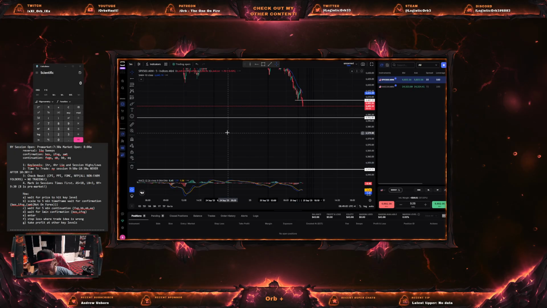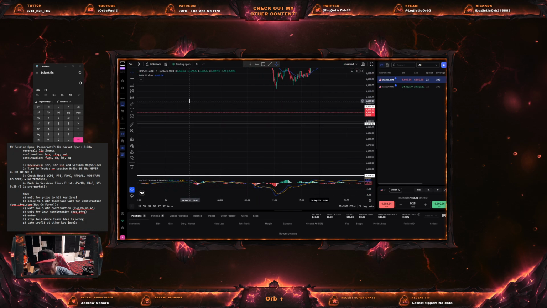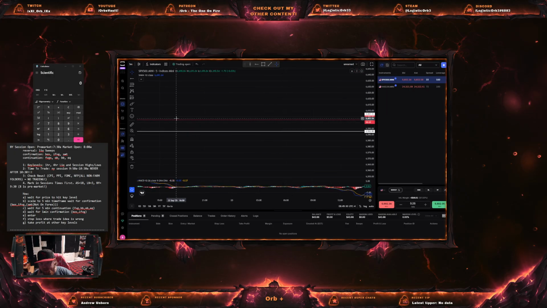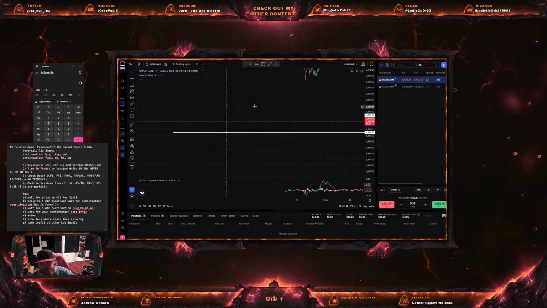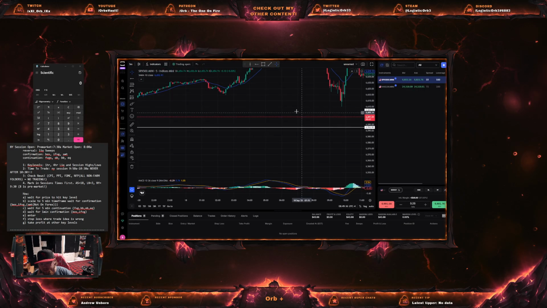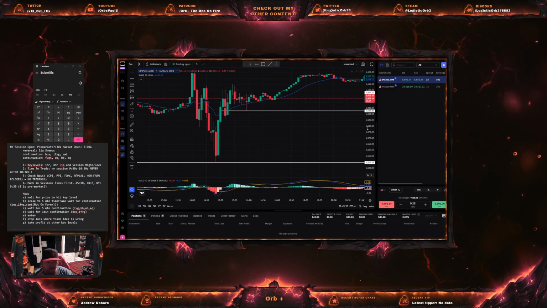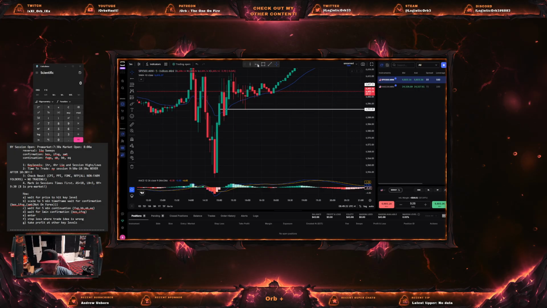Now I got a better question. Let's go to the 5 minute and see what we're looking at there, because it's just continuing to tank right now. We see where price is per the red line. What could price be targeting? Well, there's a fair value gap right there.